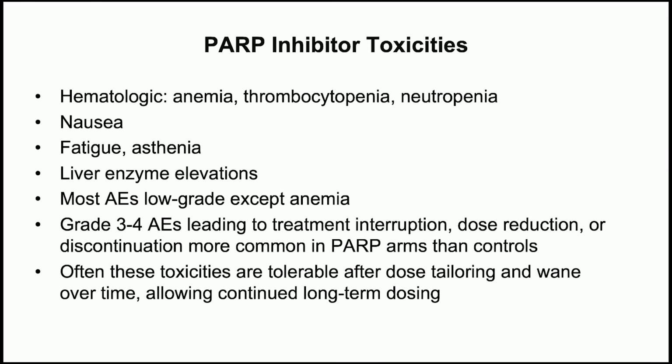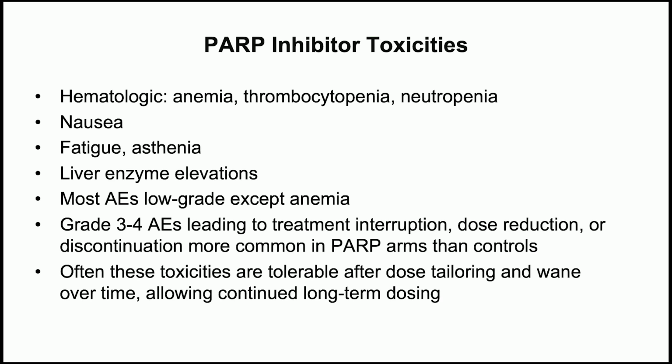So these drugs do have toxicities, even though they're oral agents. We have to monitor the patient's blood counts, so you can develop hematologic toxicities such as anemia, thrombocytopenia, neutropenia, nausea. That's a big problem. You can use antiemetics for patients to help prevent nausea. Fatigue and asthenia. You can see some LFT elevations as well.